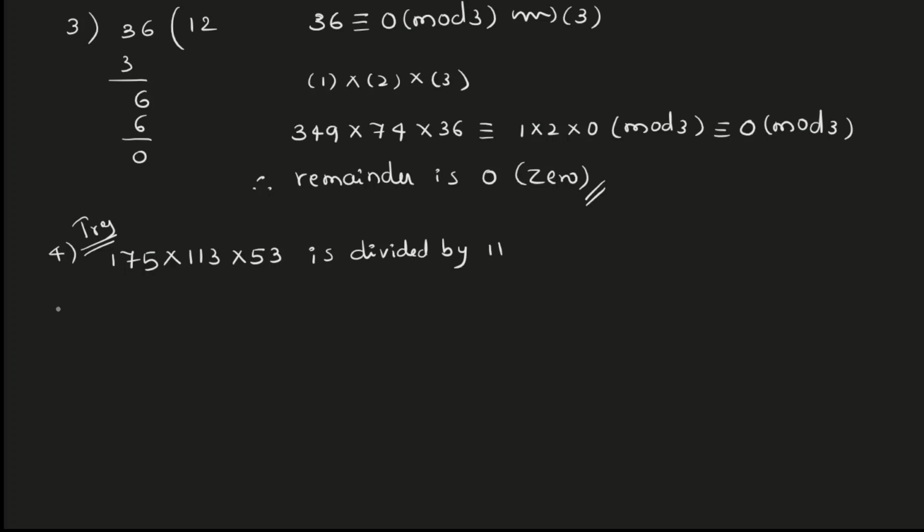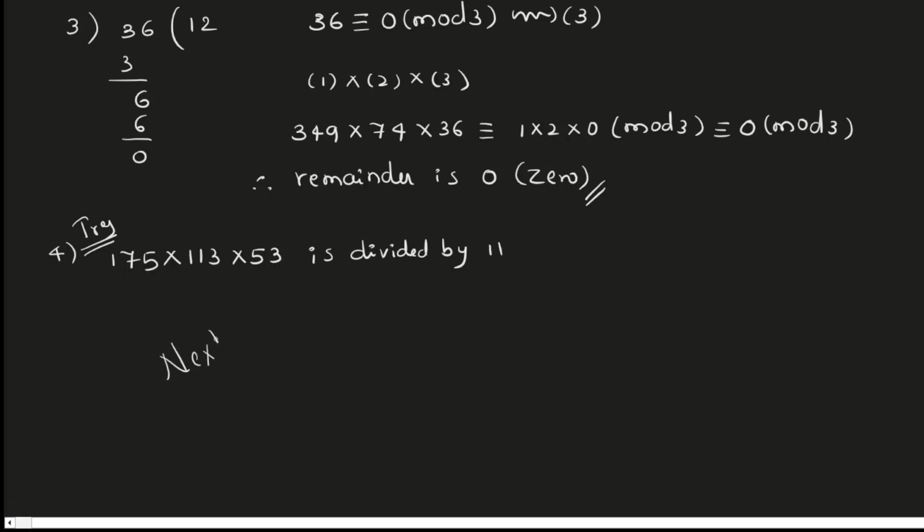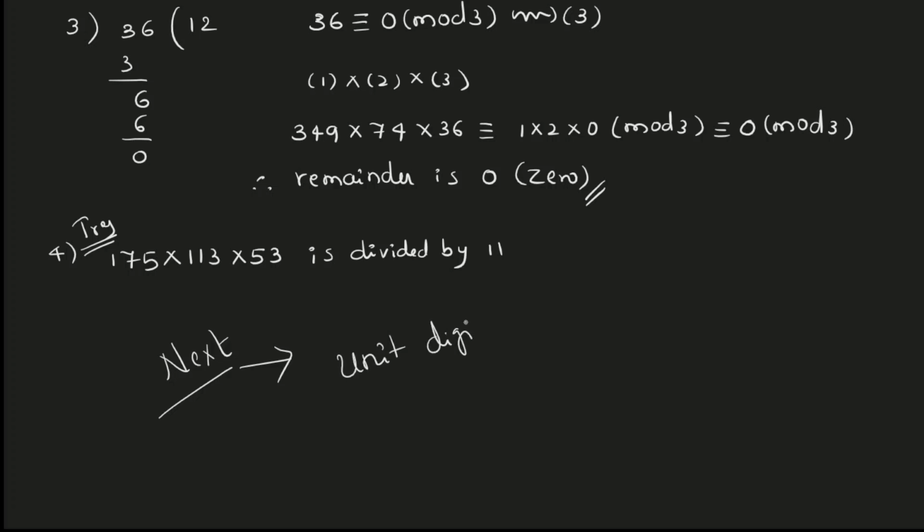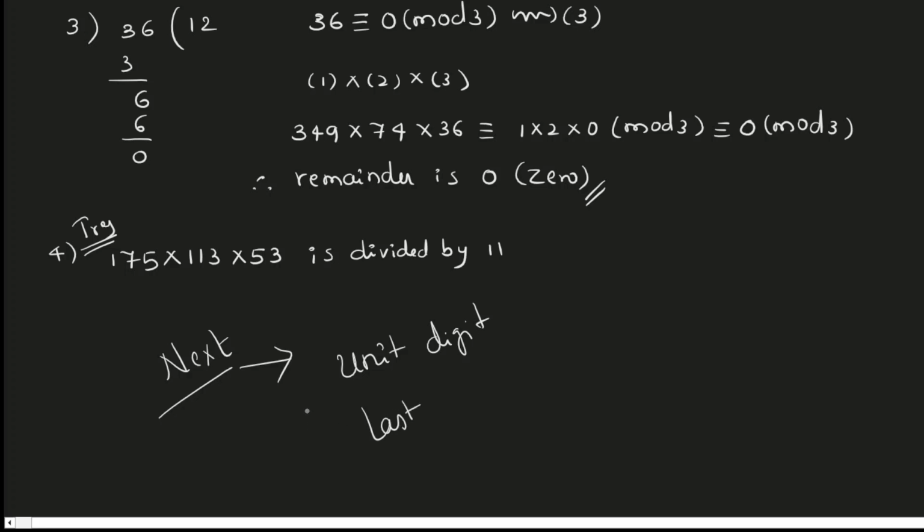Practice these examples. In the next class, I am going to solve another type of example, again to find a remainder. We will find the unit digit, or last digit, of a given number.